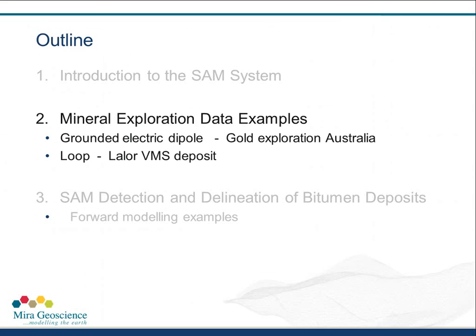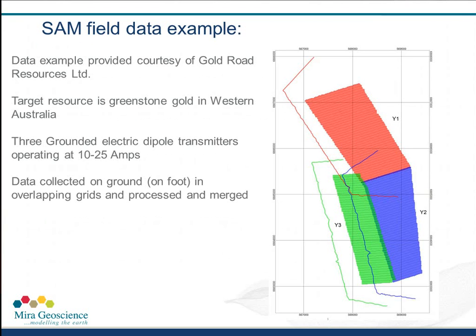The first example is an example for gold exploration in Australia. It's courtesy of Gold Road Resources and targets Archean greenstone gold in Western Australia. The survey layout you can see here is three sets of grounded dipoles, from red, there we use to survey this portion of the survey, and likewise the green and the blue poles.